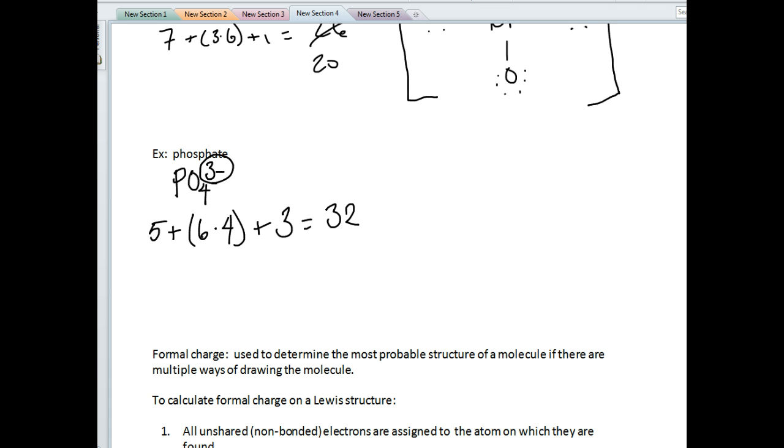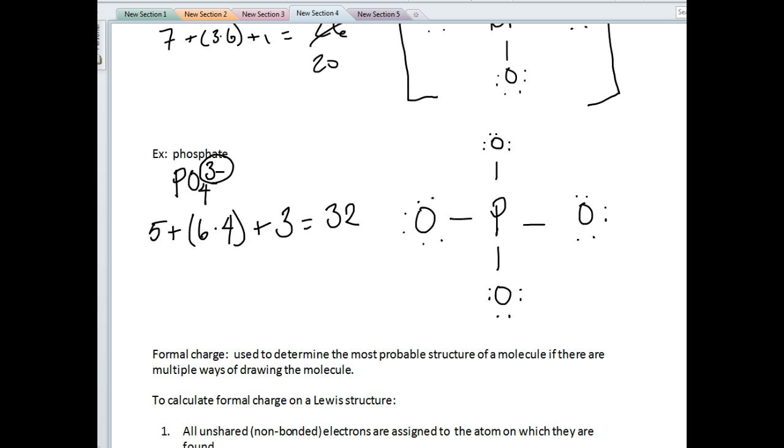And this phosphorus is going to be our central atom here. So phosphorus, we'll put oxygens all the way around like this. And single bond everybody so far. There we go. Oxygens do not have an octet, but the phosphorus does. We've used up 8, so we have 24 more to go. So let's go here. So we'll just go 2, 4, 6, 8, 10, 12, 14, 16, 18, 20, 22, 24.